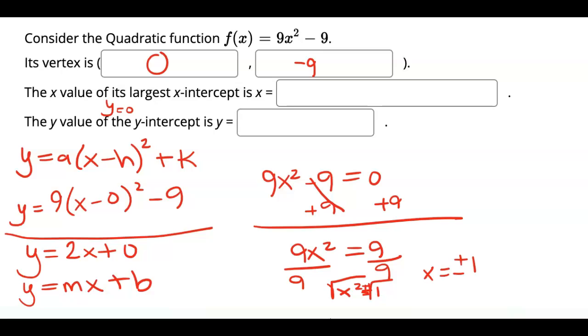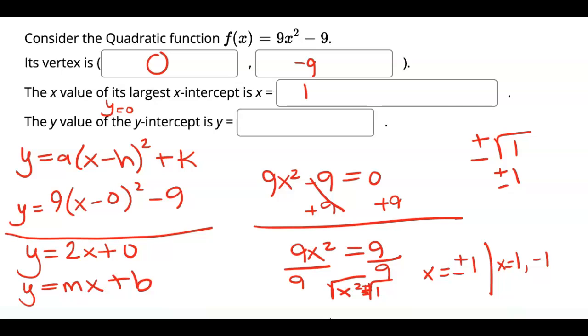The square root of 1 is 1, and then it's the positive 1 and a negative 1. You could also write this as x equals 1 and negative 1, although I think it's quicker to write plus or minus 1. They're looking for the x value of the largest x-intercept. In this case, it would just be a positive 1.